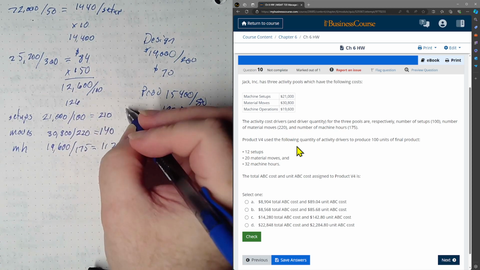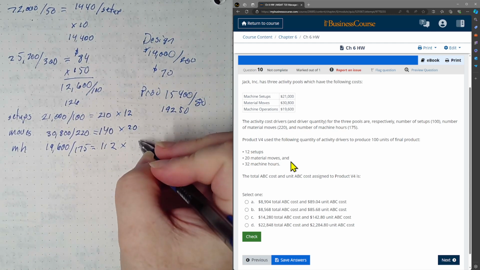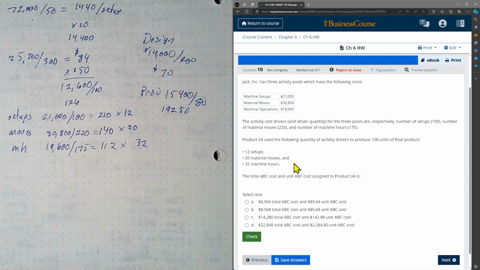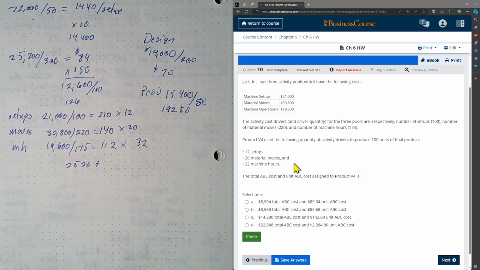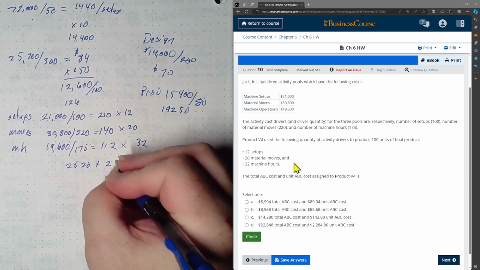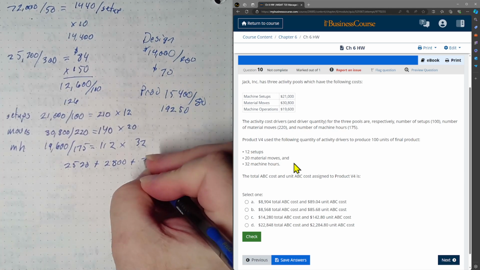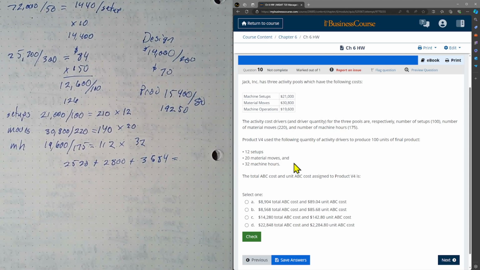And V4 used 12 of these, 20 of those, and 32 of those. So you can see all we have to do is extend these. When I say extend, I just mean multiply out. So 210 times 12, and when I add them all together, $89.04.